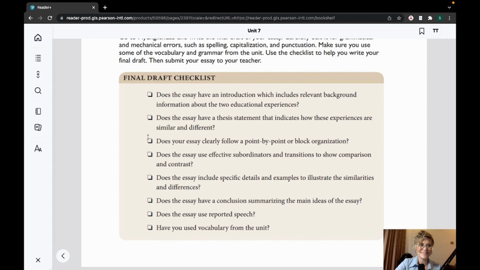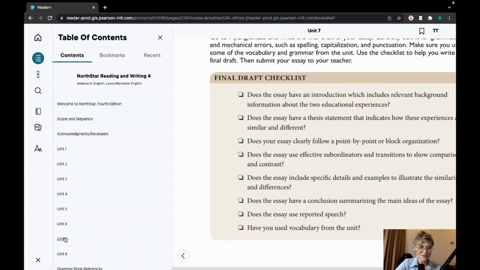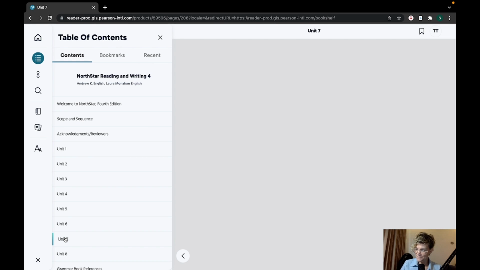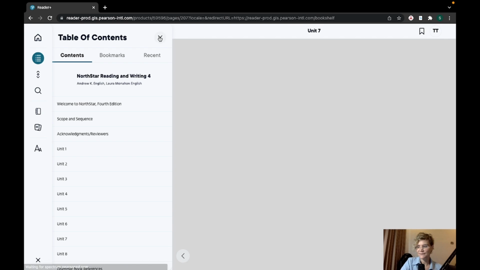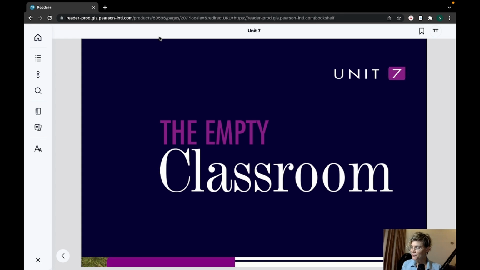So good. That brings us to the end of our unit. Very good. We reviewed the vocabulary in review, expand, and create. We created sentences. Then we went over our grammar, which is direct and indirect speech, and practiced that.